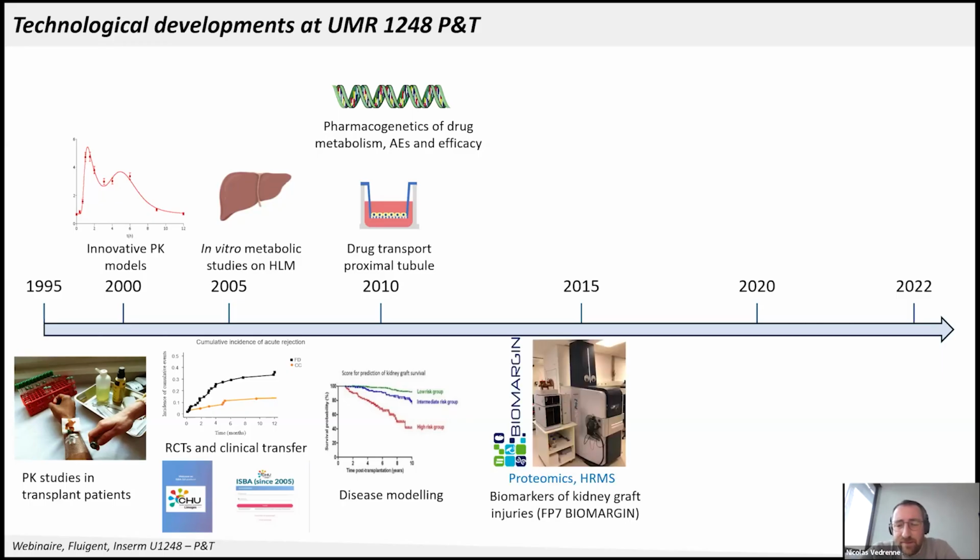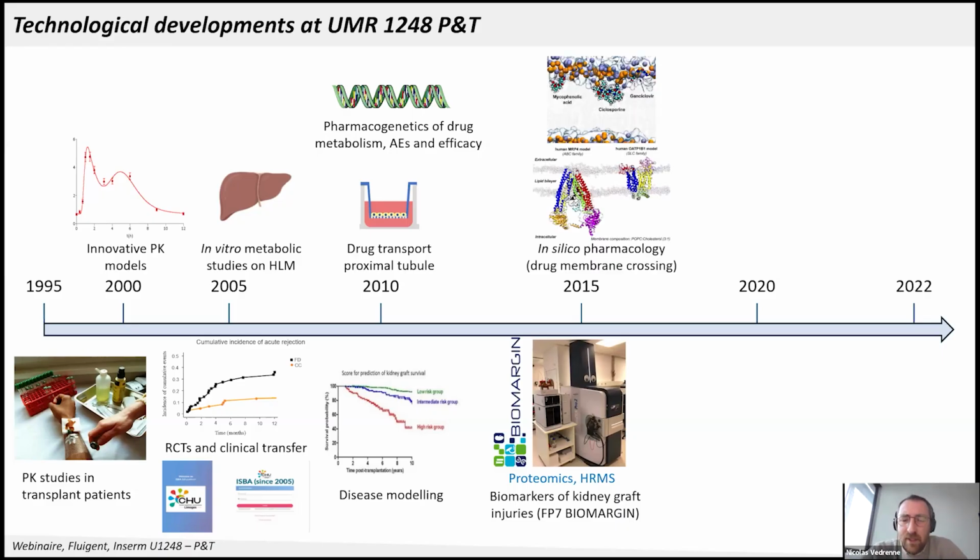Then in 2015, with the BIOMARGIN project, we began to investigate biomarkers of kidney injury using proteomic analysis performed by high-resolution mass spectrometry. In parallel, in silico pharmacology became an important part of our research strategy.